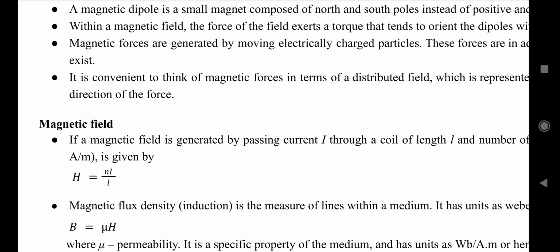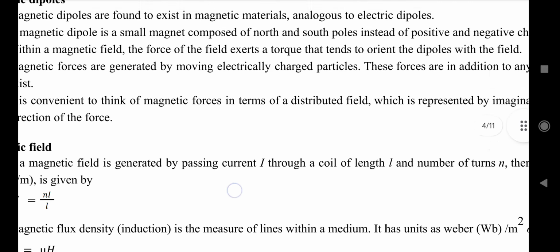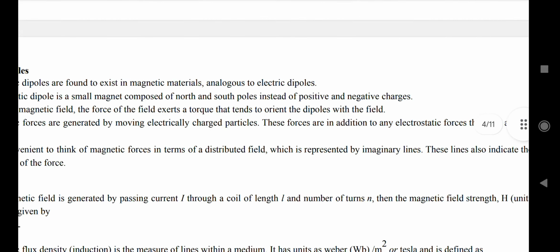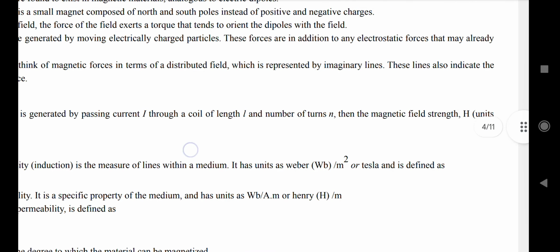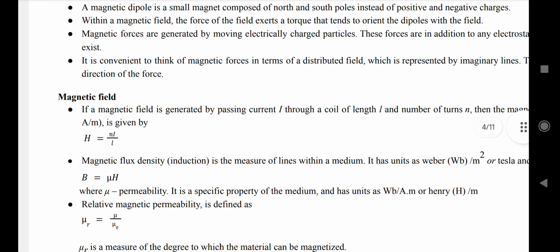So if a magnetic field is generated by passing current I through a coil, which we generally call an electromagnet, of length L and number of turns N, then the magnetic field strength H, unit ampere per meter, is given by H is equal to N into I by L, or HL is equal to N into I.